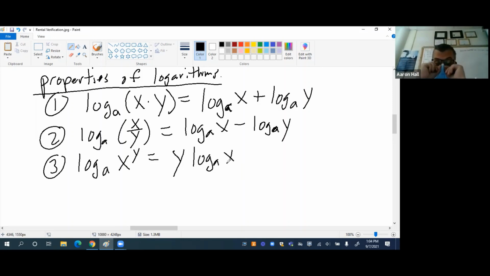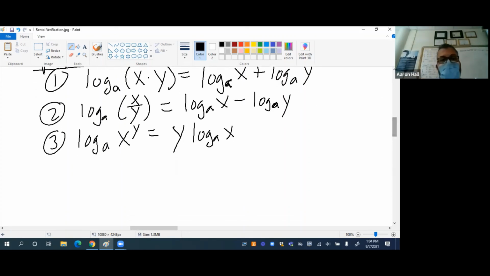And this law makes me feel more comfortable with why it is when we have something like log base 3 of 3 to the power of 2.